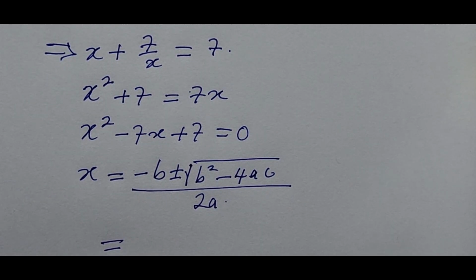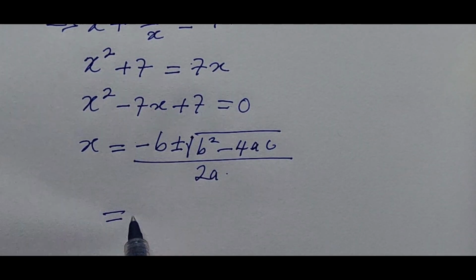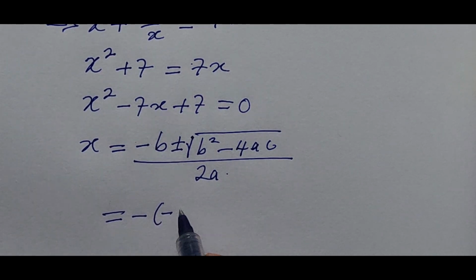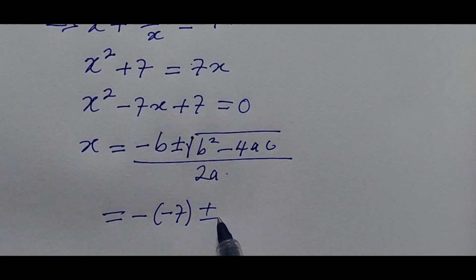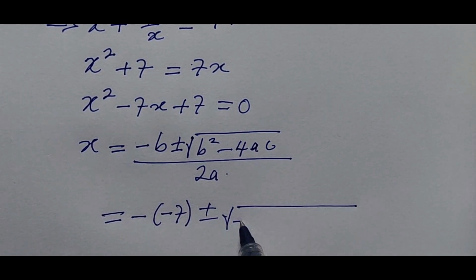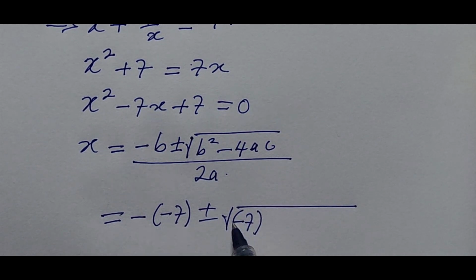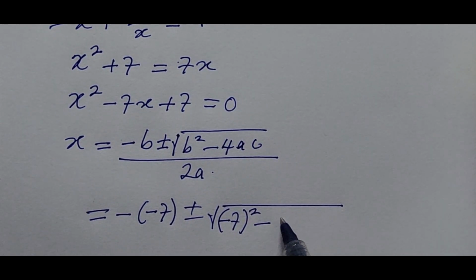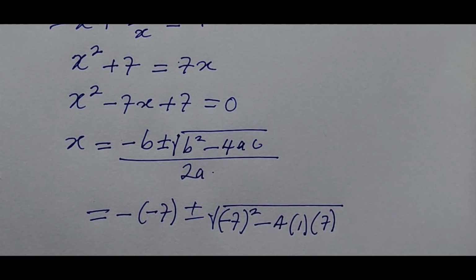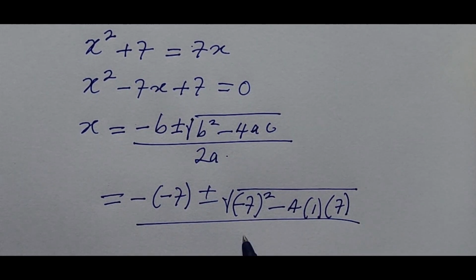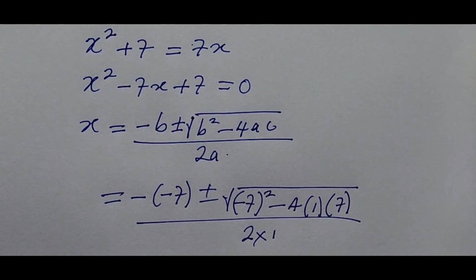So if we put all this into the equation, we're going to have minus bracket minus 7 close bracket plus minus the square root of minus 7 all raised to the power of 2 minus 4 into 1 into 7 close bracket all over 2 times 1. Okay, we're going to have 1 here, right?